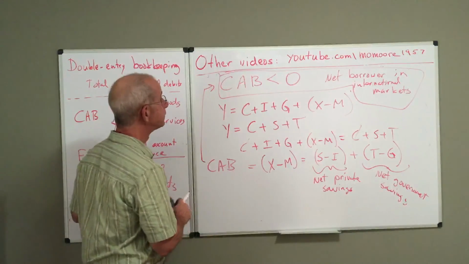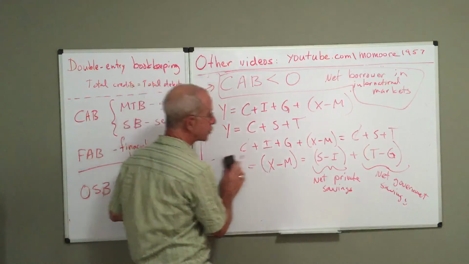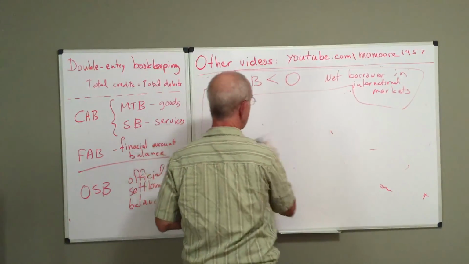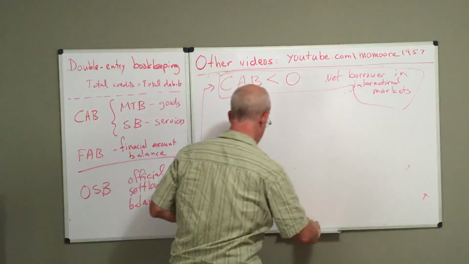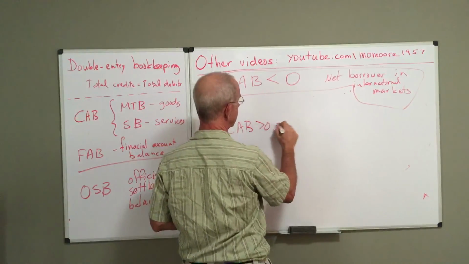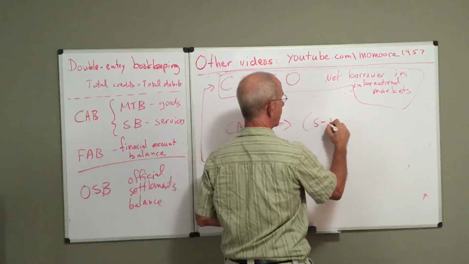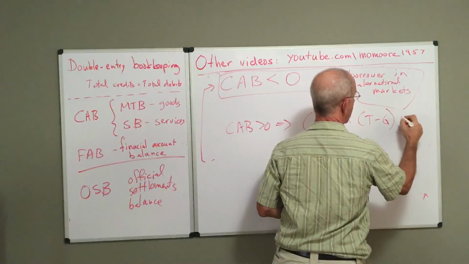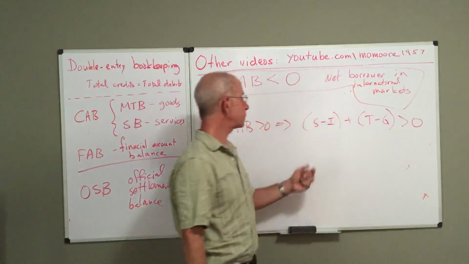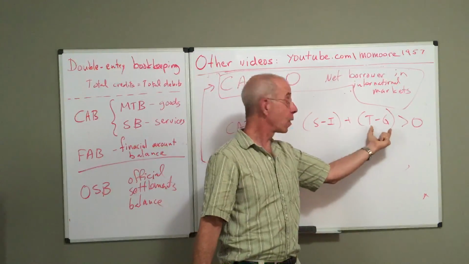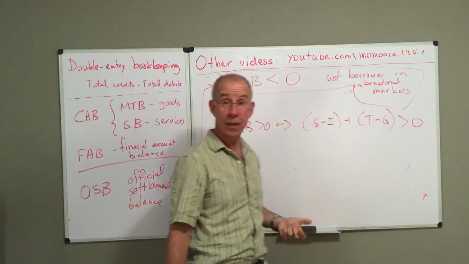In the same way, if a country is running a current account balance surplus, then savings exceeds investment, and/or tax revenue exceeds government expenditures.